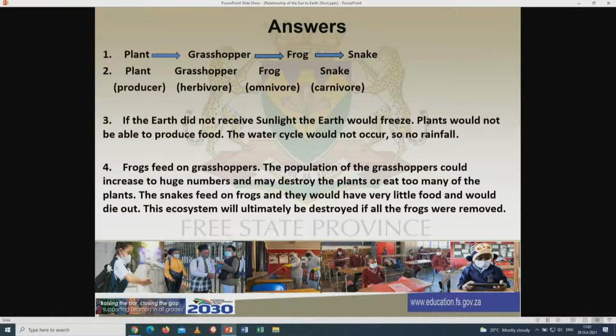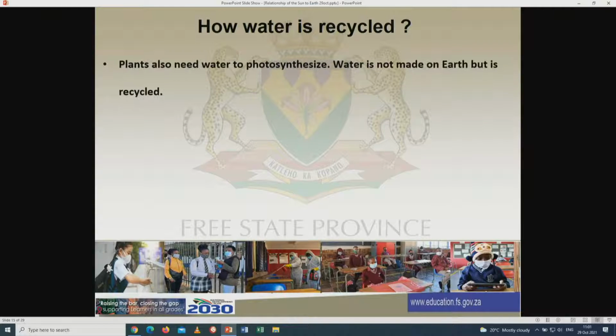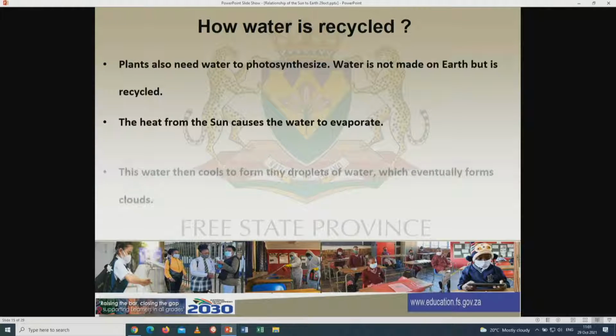Now, let's elaborate more on how water is recycled. Point number 1. Plants also need water to photosynthesize. Water is not made on earth, but is recycled. The heat from the sun causes the water to evaporate.